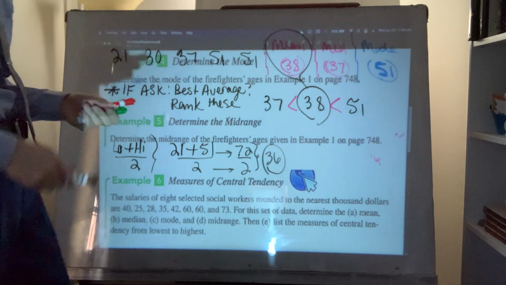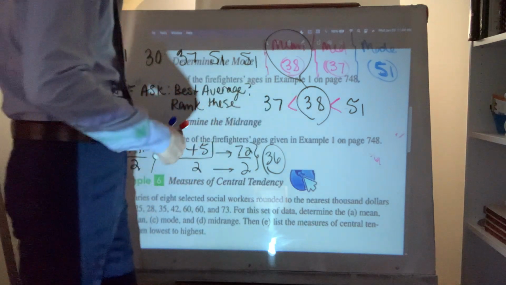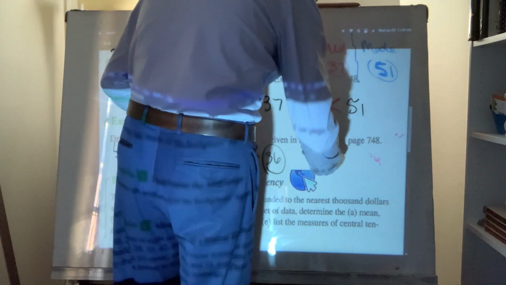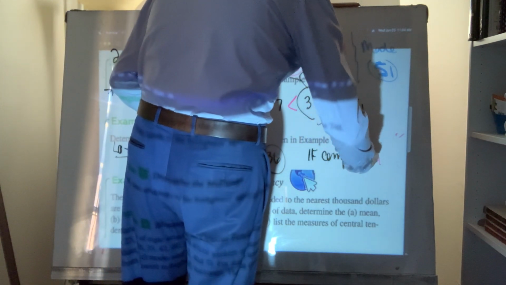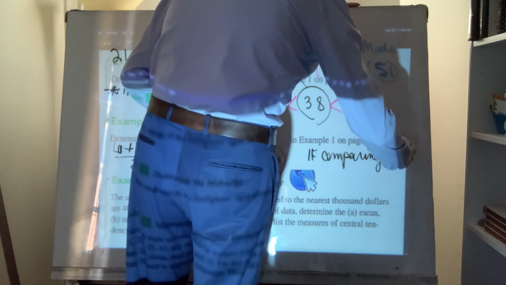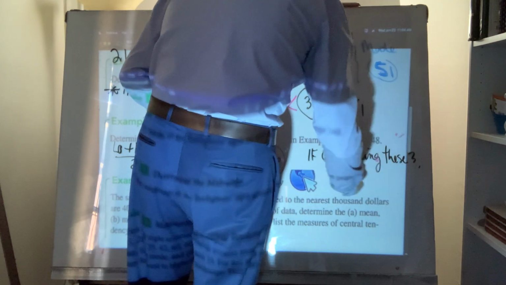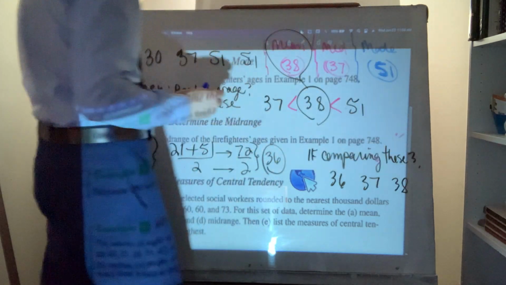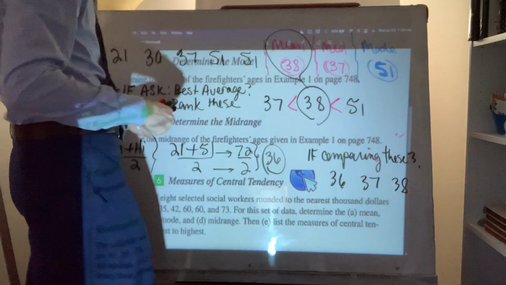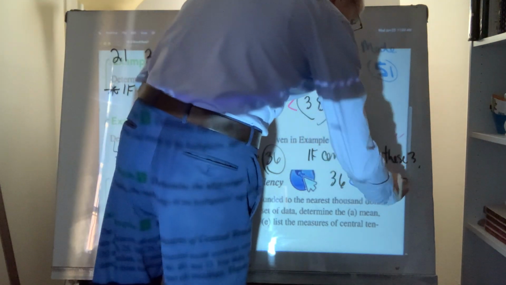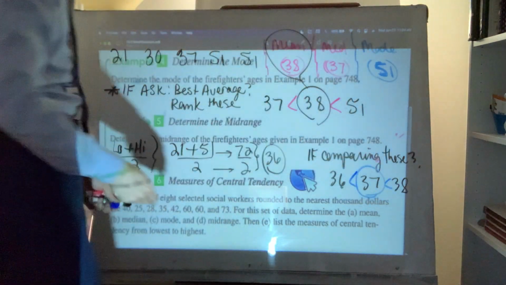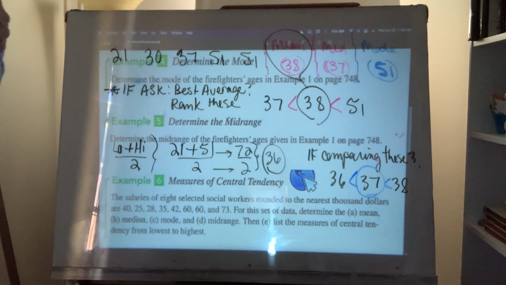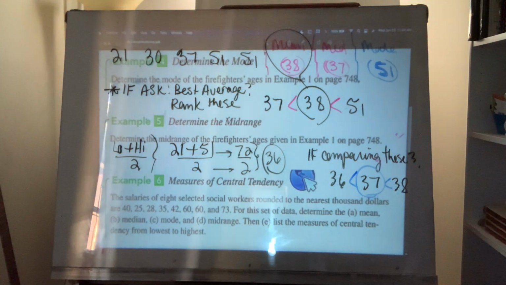If you were going to compare between these three (36, 37, and 38), since those are the things that are reasonably close to one another, in that regard the median would be the best average. It would be the middle of the middles, if you're going to ignore mode.